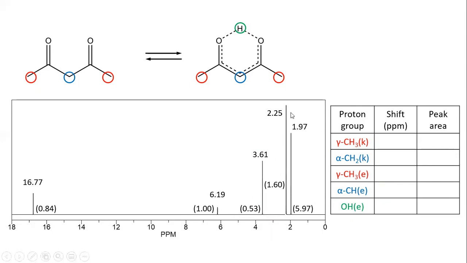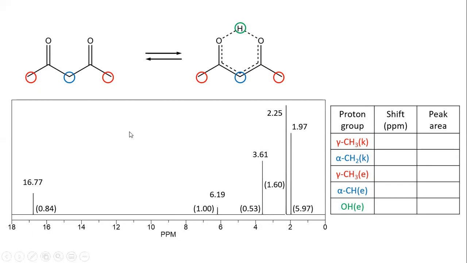So you can see that now we have 1, 2, 3, 4, 5 peaks, as we expected, and they all have different chemical shifts. So this is upfield, this is downfield, and we will take advantage of that knowledge to assign these peaks. These numbers here in parentheses are the peak area of each of these peaks.